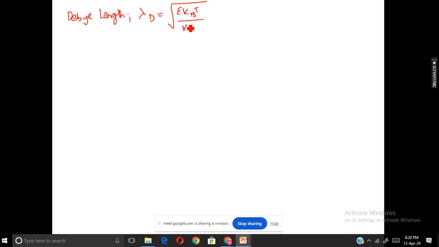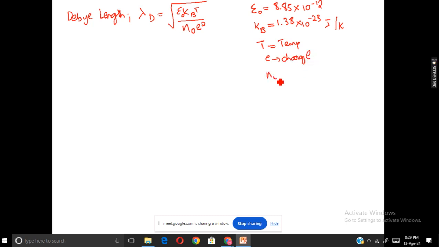It is the square root of epsilon 0 KB T by N0 E square, where epsilon 0 has a value of 8.85 into 10 raised to minus 12. KB has a value of 1.38 into 10 raised to minus 23 joule per Kelvin. Then T is temperature, E is the charge of an electron, and N0 is the number density.